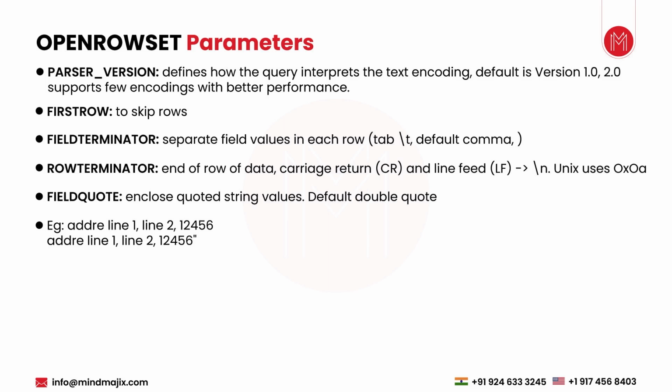And then row terminator: it's always CRLF in Windows and 0x0a in Unix. As soon as the file encounters this character, it will consider that the row has ended.